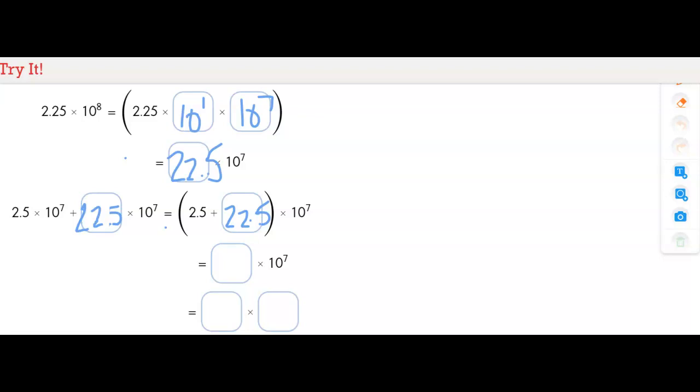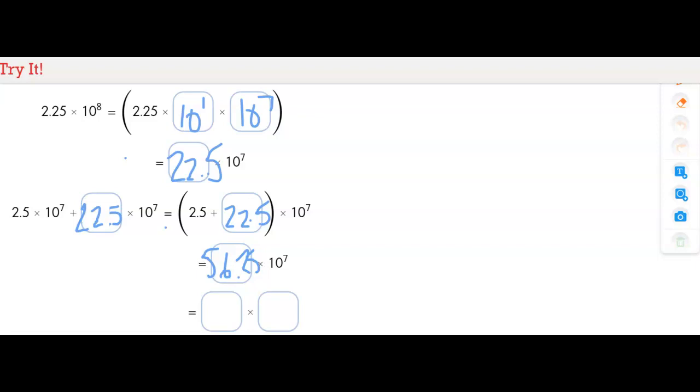So 2.5 times 22.5 is 56.25 times 10 to the 7th power.